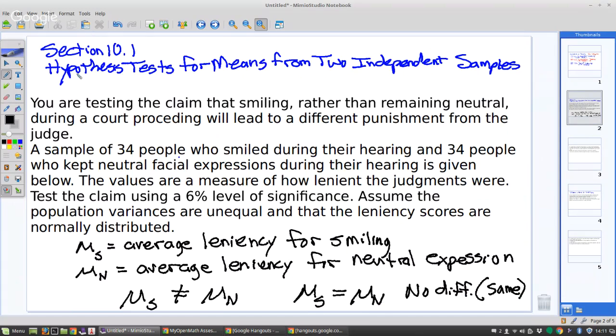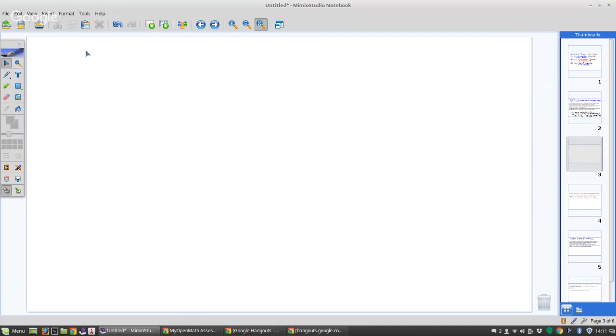And let's see, I'm going to squish this stuff up a little bit. Right here. Page 2. So again, we have one of our hypotheses that says the smiley people have a different average leniency than the neutral people.